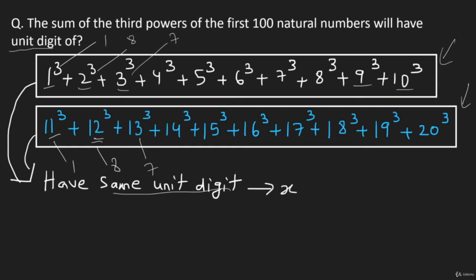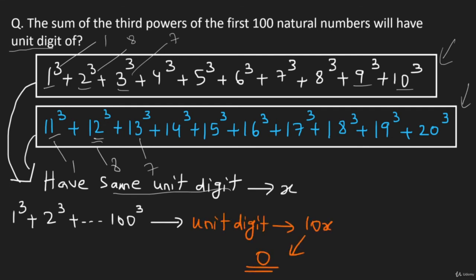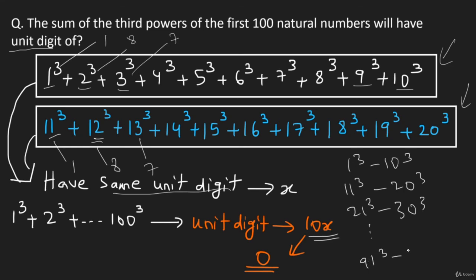Alright, now you can see that when you do 1 cube plus 2 cube up to 100 cube, you're actually getting a unit digit of 10x, right? 10x, because you have this type of expressions 10 times. One is 1 cube to 10 cube, right? Similarly, you have 11 cube to 20 cube, you have 21 cube to 30 cube, and it goes on till 91 cube to 100 cube, right?